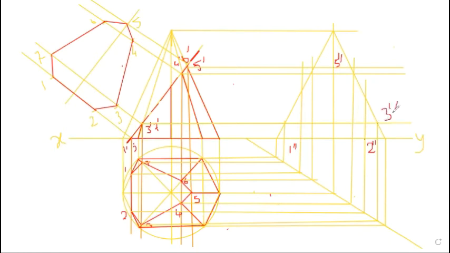You see, this must be marked. The 3 will be in this plane. 3 and 4 you will see. So 4 will be here. This is the 4 double dash. Then 5, this point will be 6 double dash, and this will be the 7 double dash.